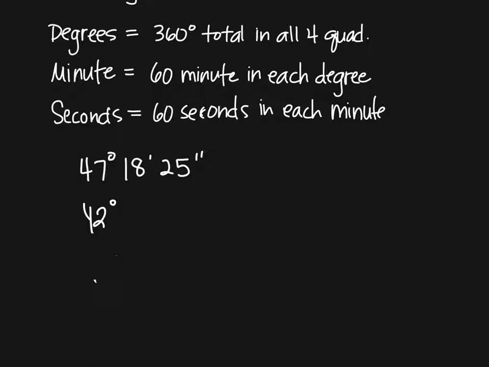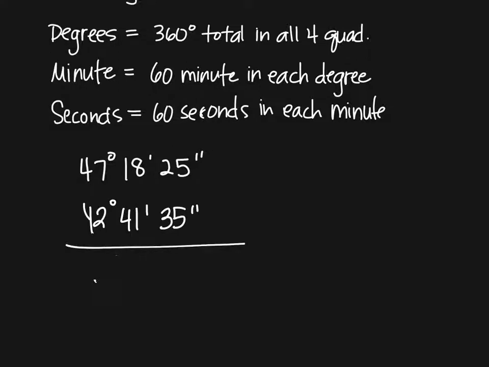So we got to think about, all right, well, how do we add? How many minutes do we need to add to this so that we can round it up to a total of 90 altogether? How many more seconds do I need? Let's start with the seconds. I need 35 seconds, because that would give me a total of 60 seconds, which would give me another minute. All right, how many more minutes do I need? Okay, 41 minutes.